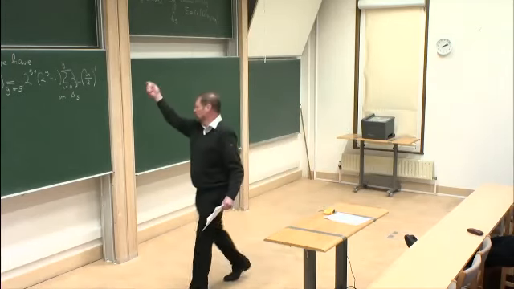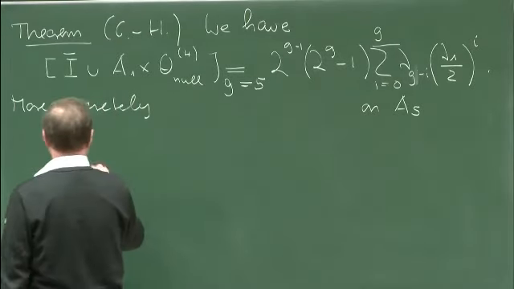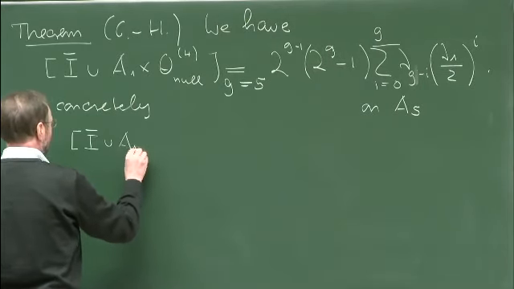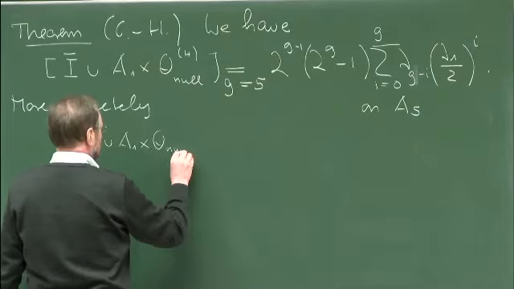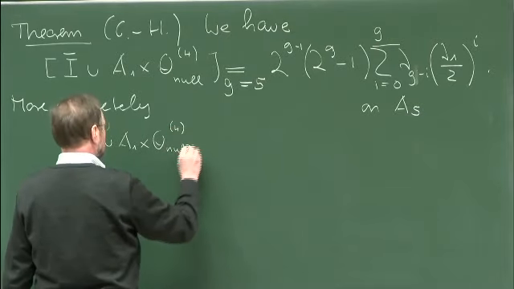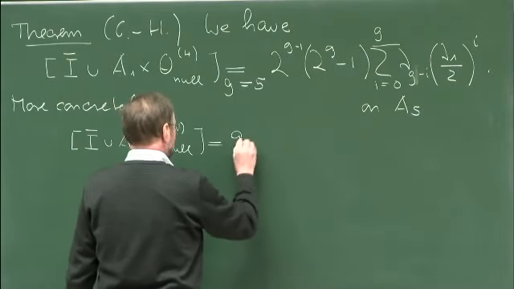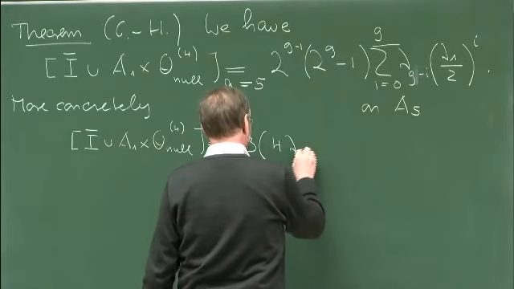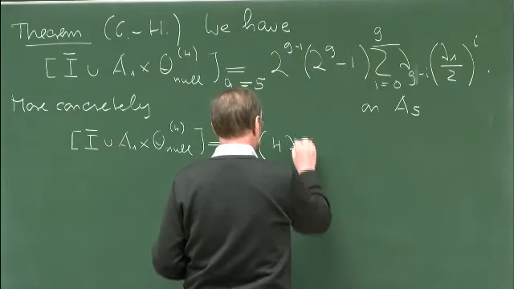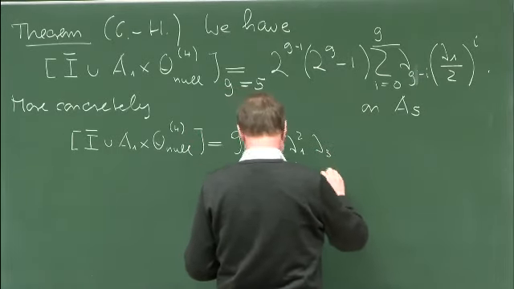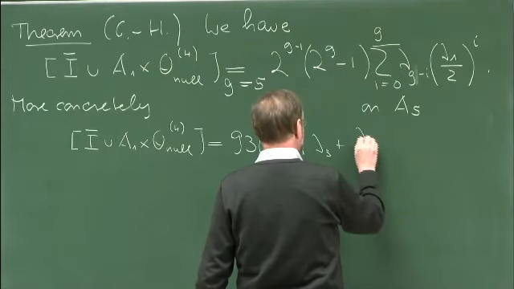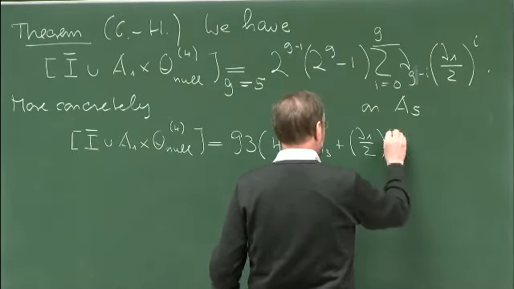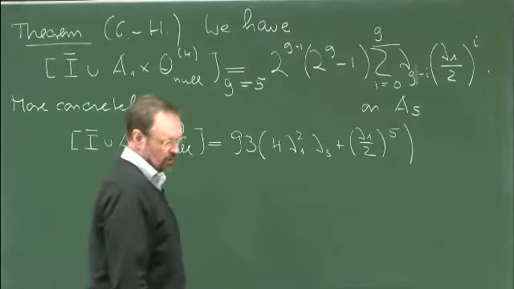If we work it out, using these relations, then the class of I bar union A1 cross theta null is 93 times (4 lambda 1^2 lambda 3 + (lambda 1/2)^5).